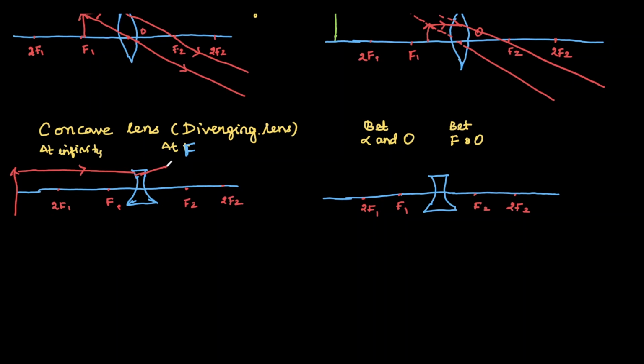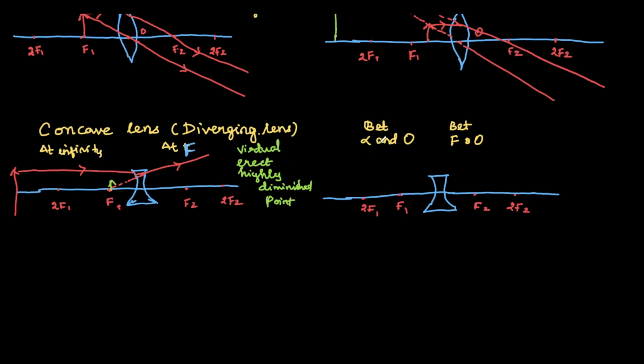When we produce the diverted light backward, it passes through F, so the image will be formed at F. The nature of the image will be virtual, erect, highly diminished, point-sized image formed at F.